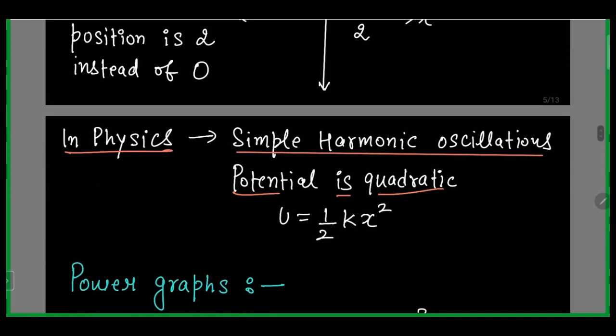So you must have heard potential energy as half kx square in the case of spring or pendulum. So once you see this energy in the case of spring or pendulum, you can clearly see your graph is a parabola. So the quadratic graph is a very important graph in physics, because at many places we see simple harmonic oscillations.